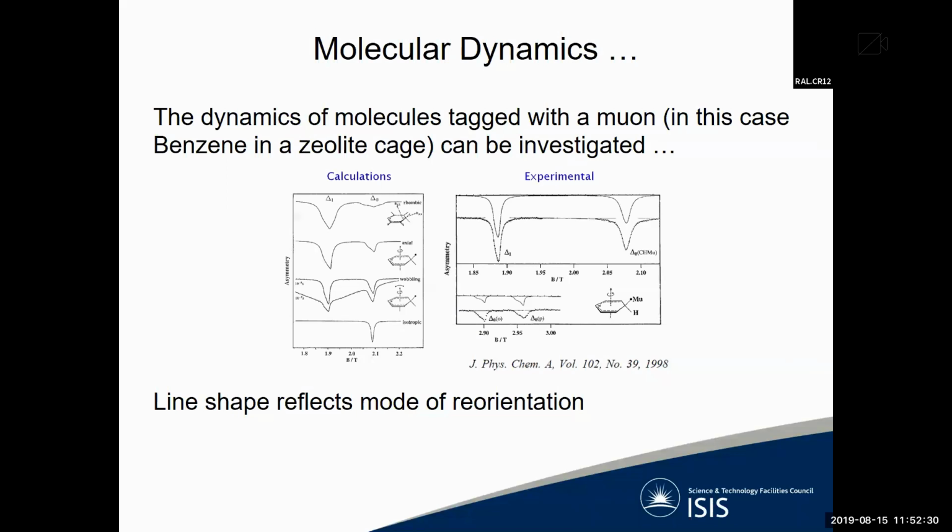So wobbling, axial, and so forth give you a slightly different line shape and slightly different proportions of these two transitions that you'd expect in the avoided level crossing measurement. And then they can, of course, take experimental data and tie the calculations and experiment together.